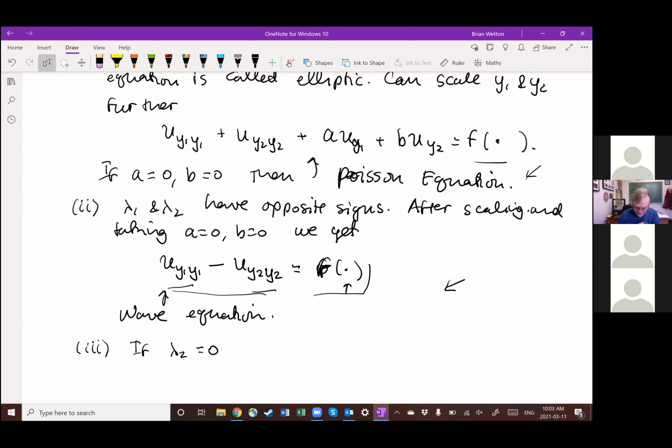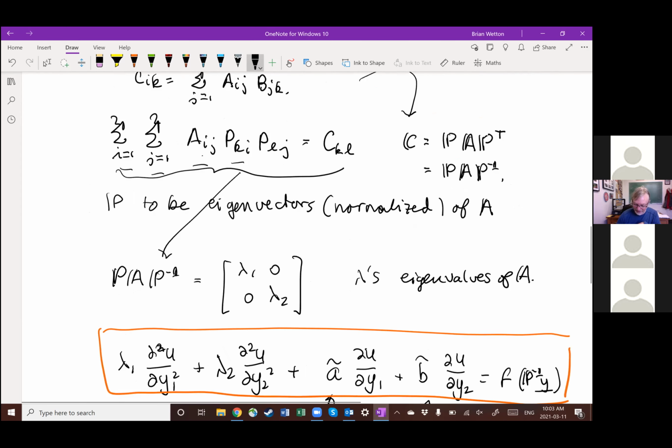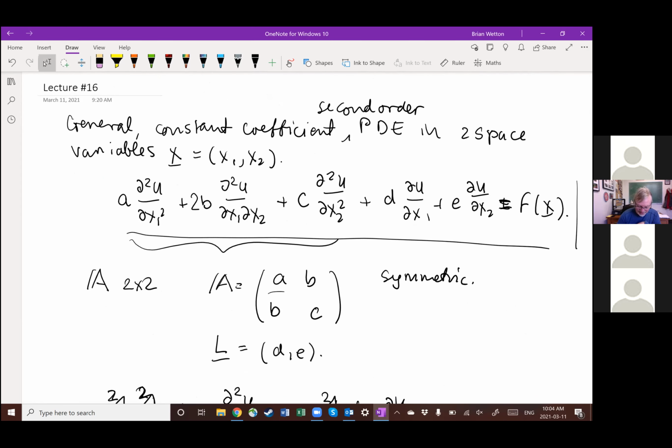Well, okay, you could say, what if they were both 0? So I'm going to exclude lambda 1 equals 0, because if both eigenvalues are 0, then this matrix A right at the beginning has to be the 0 matrix, which means there's none of these terms, and it's not actually a second order PDE.